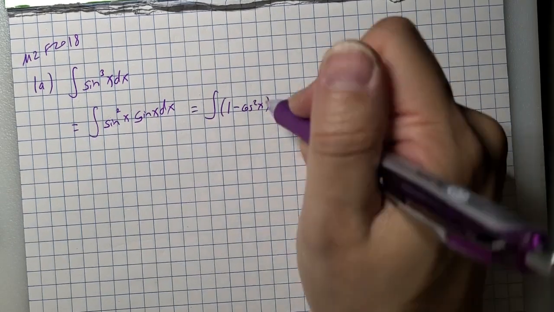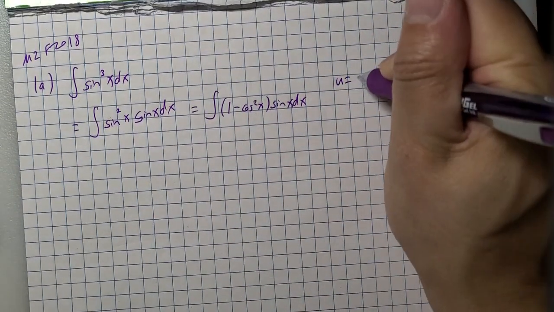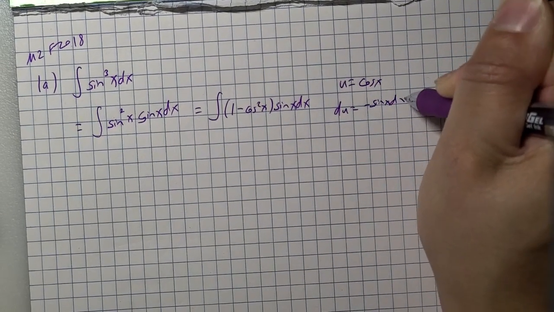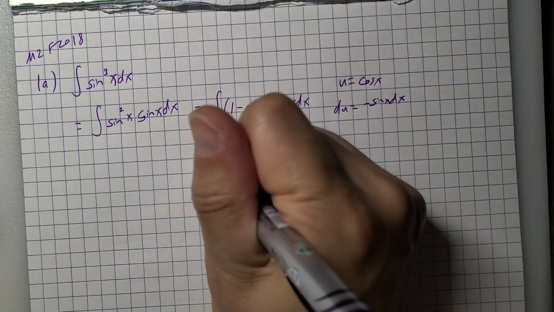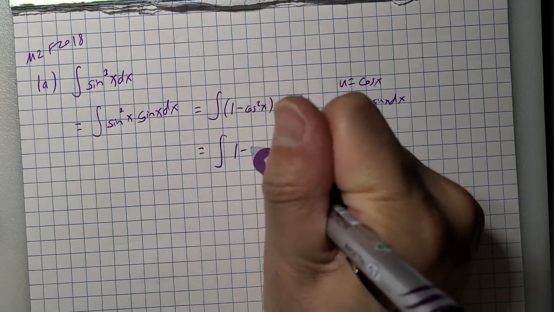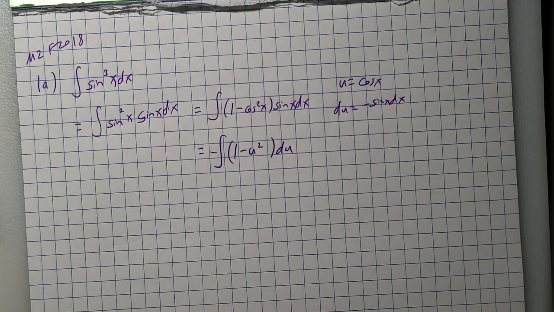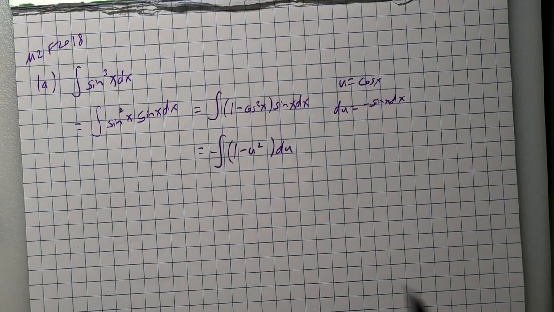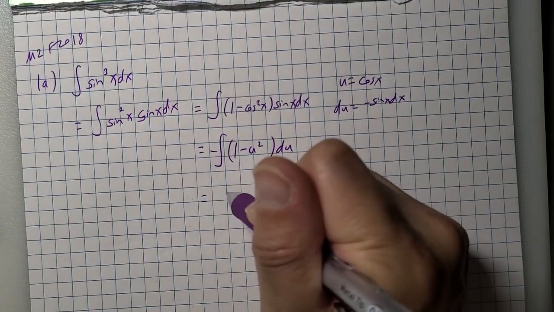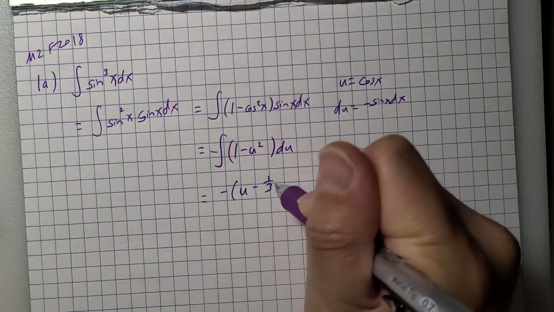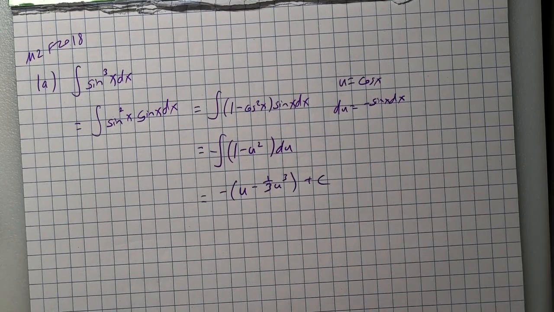And we want to do that because now we can let u be cosine x. du is minus sine x dx. So we can substitute the integral as 1 minus u squared, minus du. Okay? And now this is simply just the power rule, so it'll be u minus a third u cubed plus c.